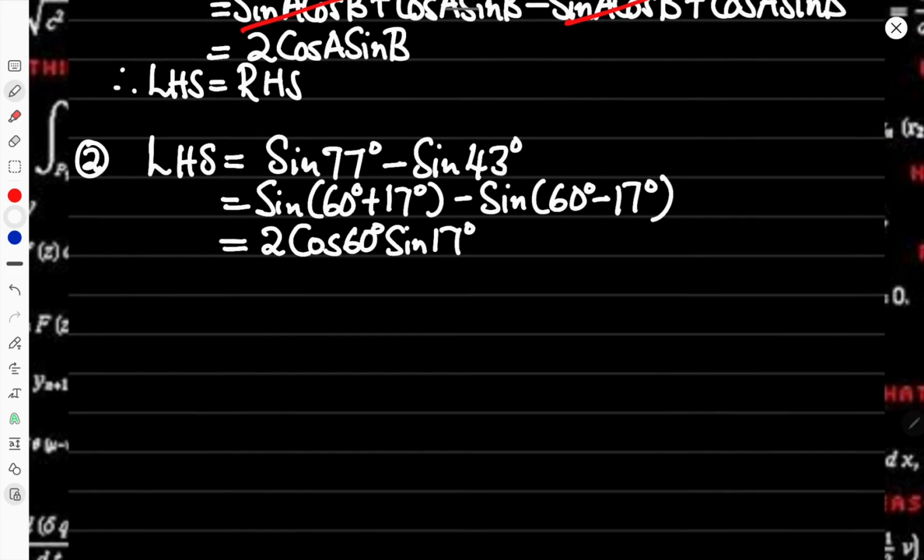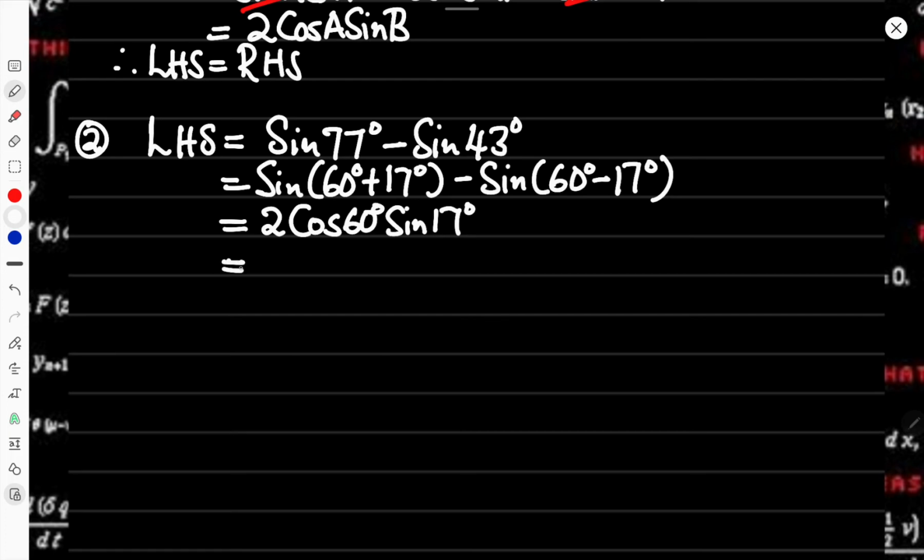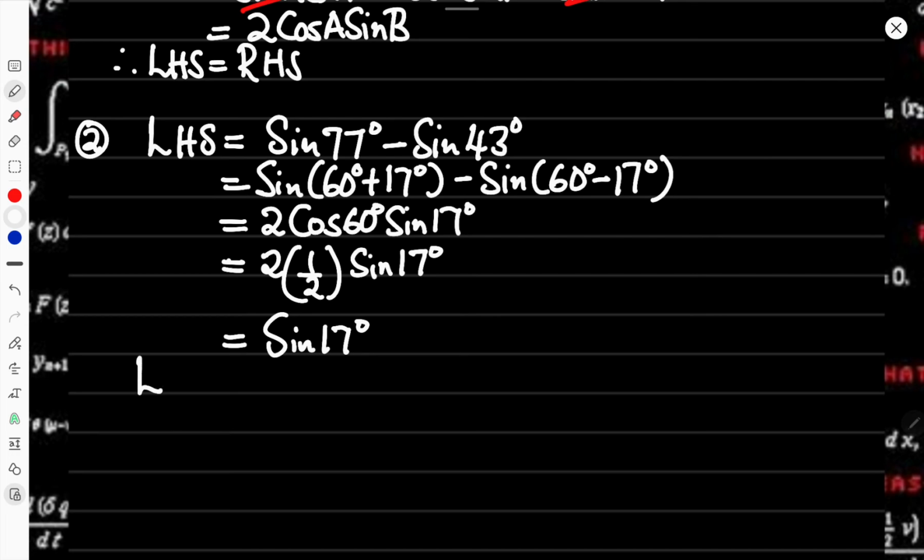Okay, so from there quickly it will be 2 of half sine 17, and we know 2 times half is 1. Then the answer will be sine 17. So left hand side definitely equals right hand side.